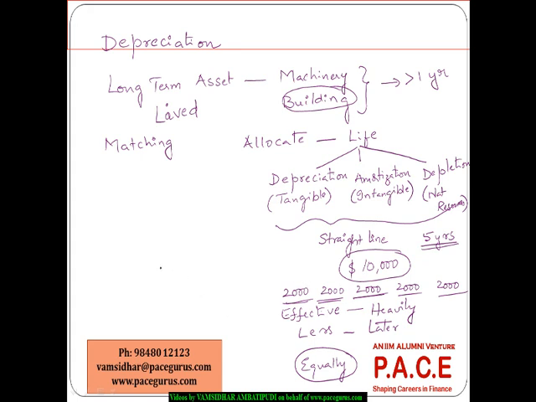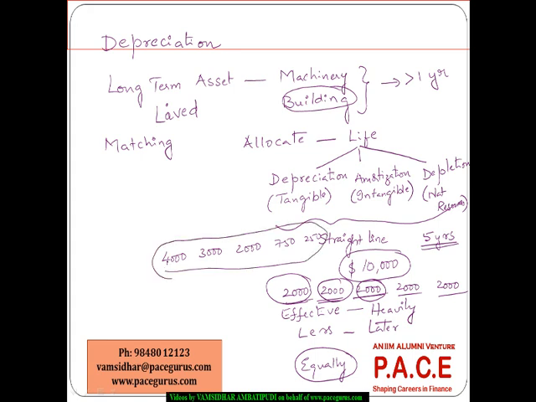So that is where we talk about depreciating high in the first few years. Instead of 2000, I may say I will go with 4000 in the first year, 3000 in the second year, 2000 in the third year, 750 in the fourth, and 250 in the fifth. Some such mechanism where I am accelerating. Initially I am showing higher depreciation, which is the allocation of the cost, and in the later periods I am showing less.